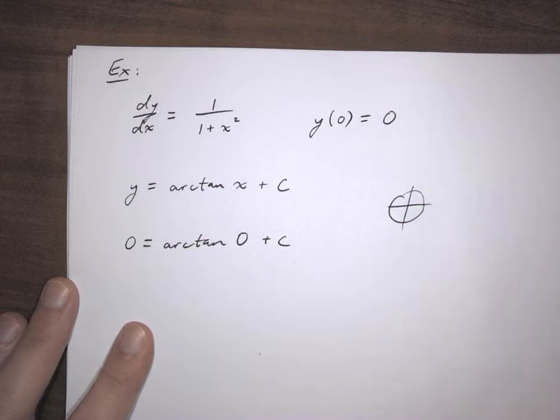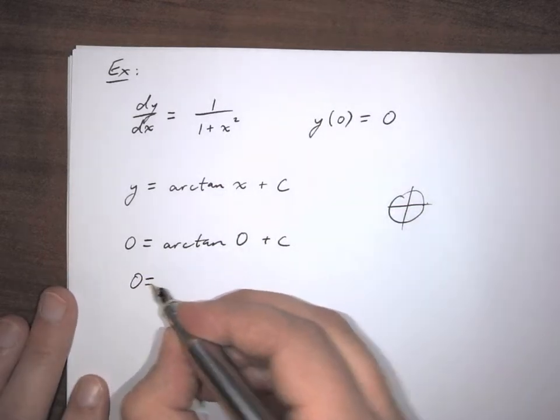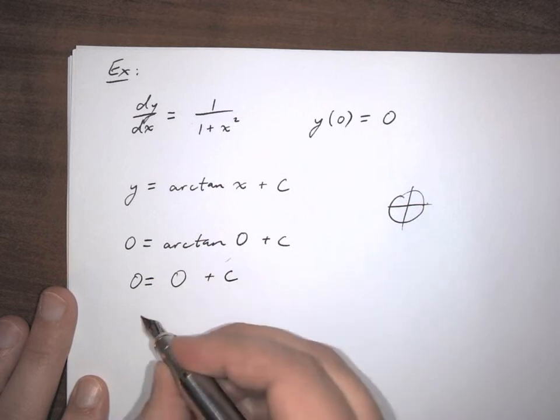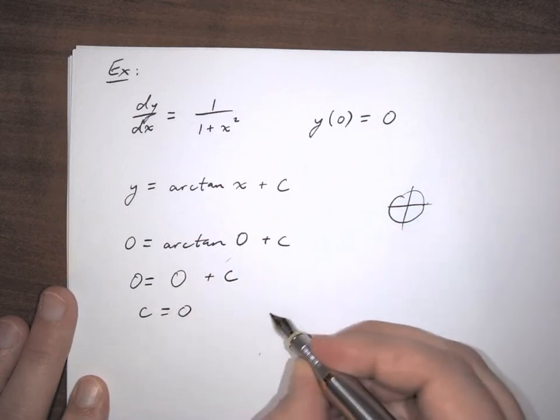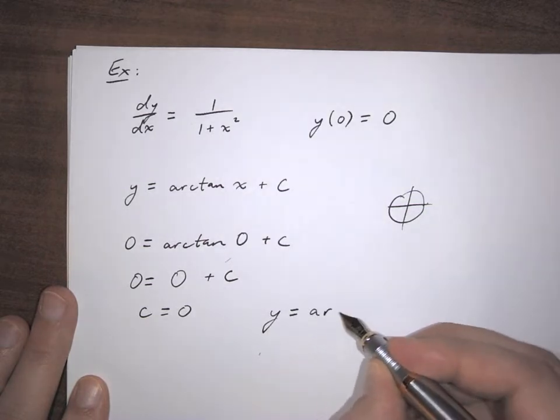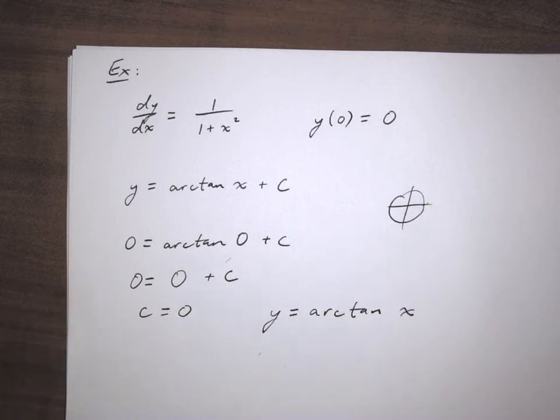And that's going to be at an angle of 0 radians. So this will be 0, which means that c is 0, which means that y is just going to be straight up arctan x.